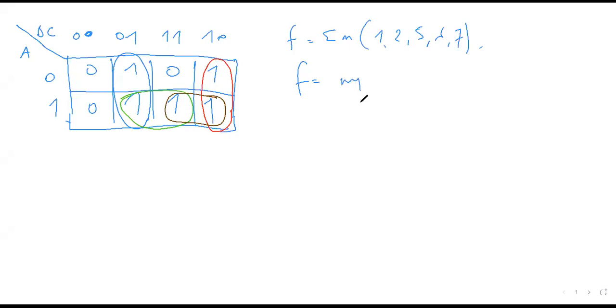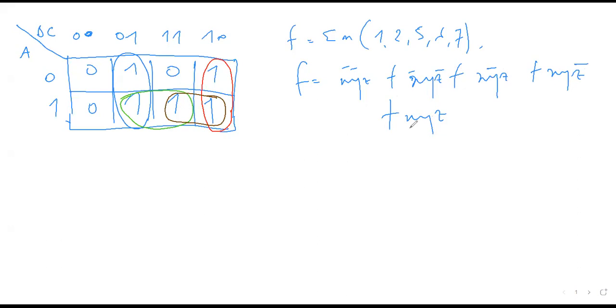This is x'y'z plus x'yz' plus xy'z plus xyz' plus xyz. 1, this is 0, 0, 1. 2, this is 0, 1, 0. 5, this is 1, 0, 1. 6, this is 1, 1, 0. 7, 1, 1, 1.